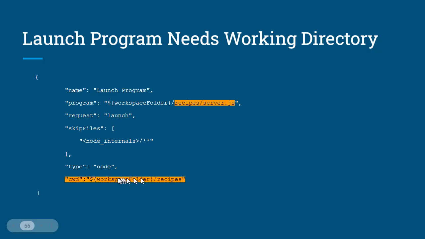This particular call here, workspace, is the default folder of my project. So that would be the Jeff recipes tutorial. But the actual Angular program is in this directory. And then when I'm launching, we're going to be launching the server directly when we use this method.